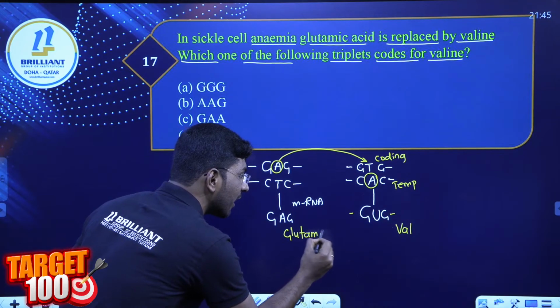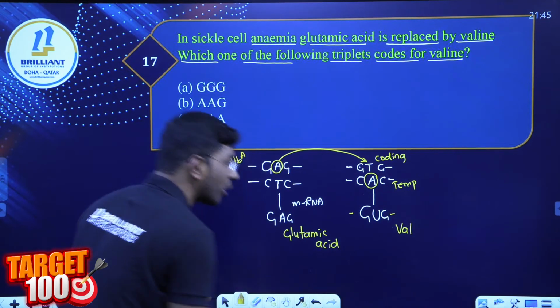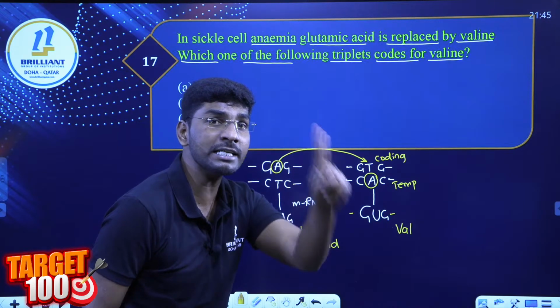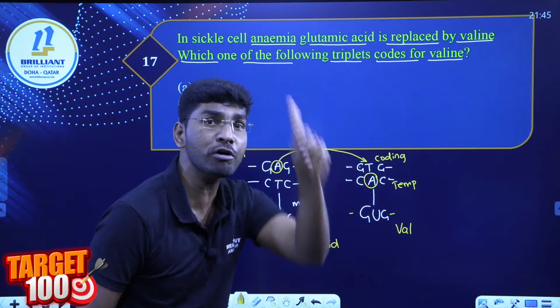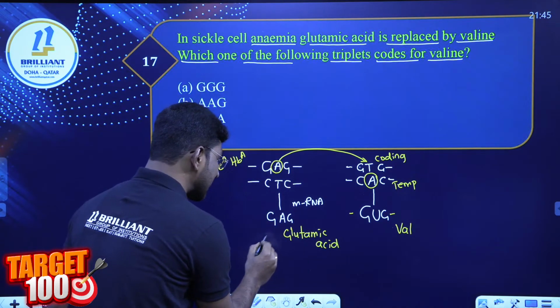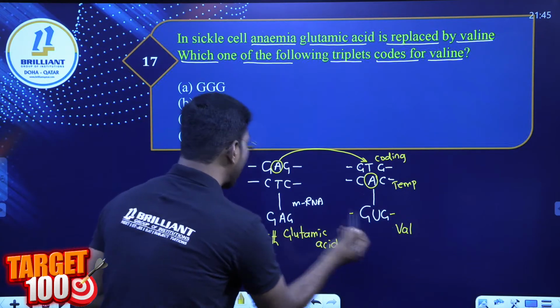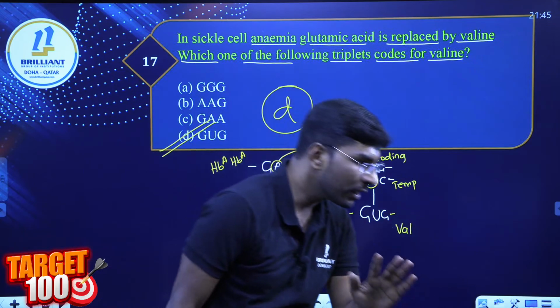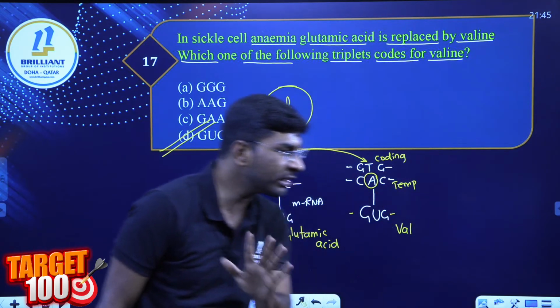Glutamic acid. Open all of you, insert and cross check. So the right answer is: at the 6th place of the beta polypeptide chain in hemoglobin, instead of glutamic acid, valine comes. So the answer is GUG. Am I clear? Till here everything clear?